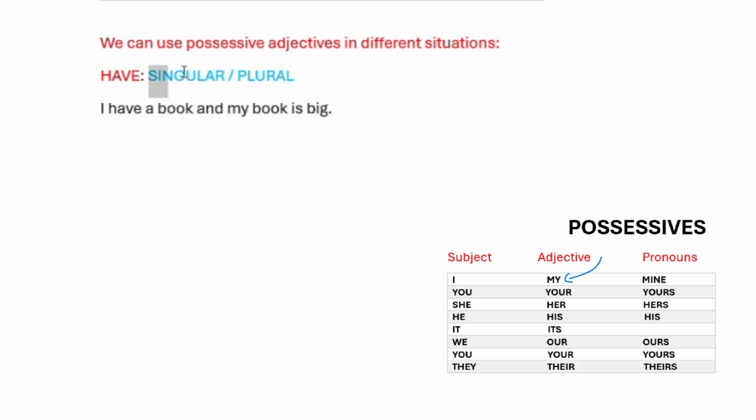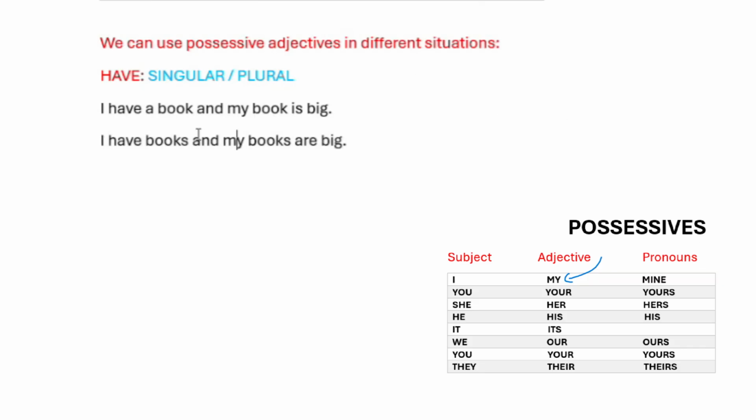In this case, it's in a singular form. My book is big because I have one. In plural form, I have books, and my books are big.